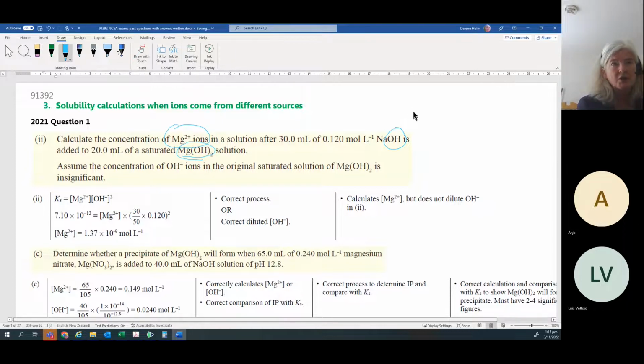So we can't say that the concentration of Mg2+ is equal to twice the concentration of OH minus. We can't use this ratio anymore, because we've also got OH minus coming not just from the MgOH2, we've also got OH minus coming from NaOH.